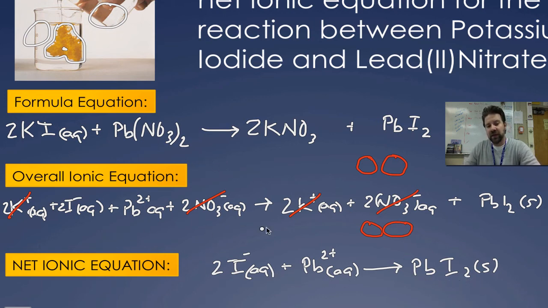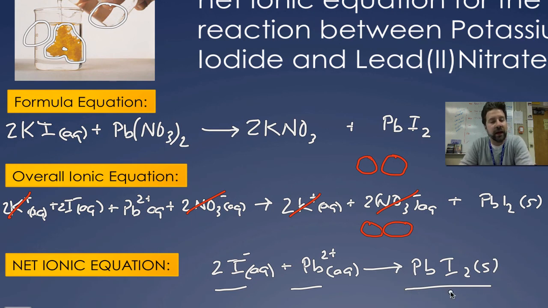What we saw with the canceling out was that this potassium and this nitrate are just spectators. They're not actually involved in the real net reaction going on here. Overall, what these two chemicals mixing together gets you is lead iodide. So what's left are the most important things that produce this particular precipitate product.